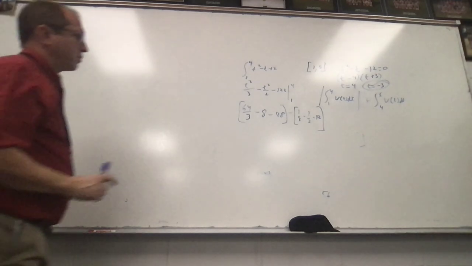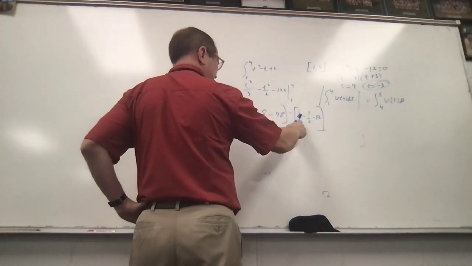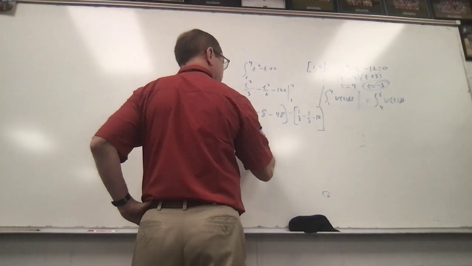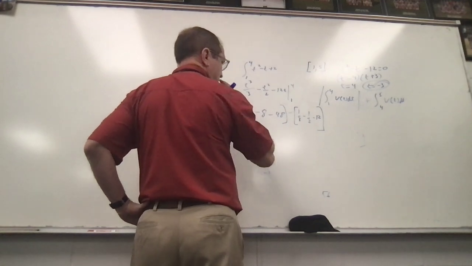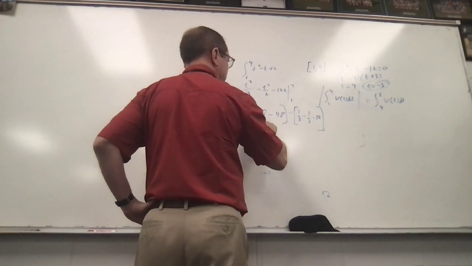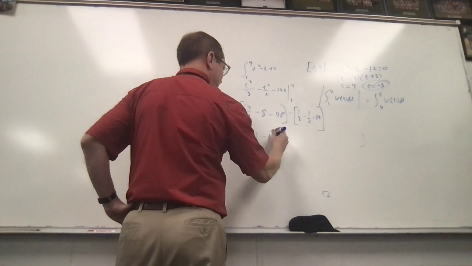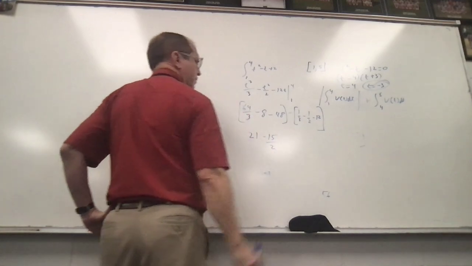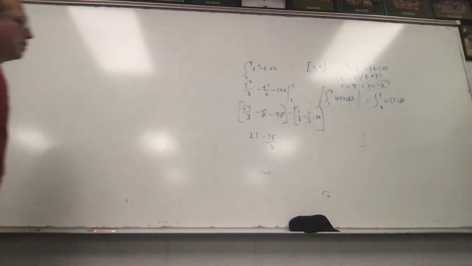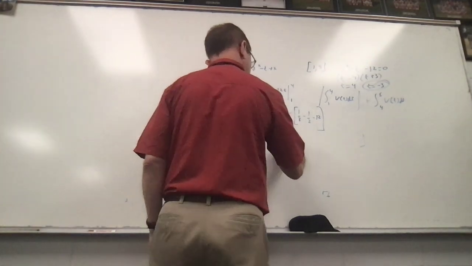So 64 thirds minus 1/3 is 63 thirds, which is 21. Then I've got negative 8 plus 1/2, so negative 16 halves plus 1/2, negative 15 halves. And then negative 48 plus 12 is negative 36.